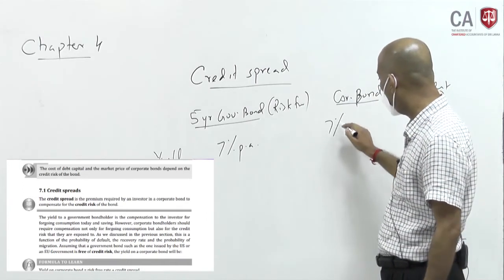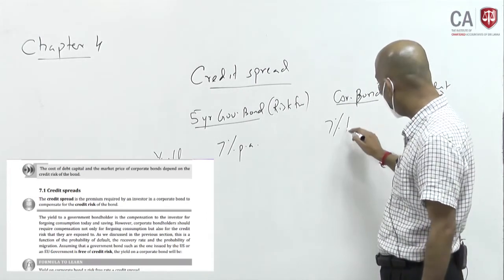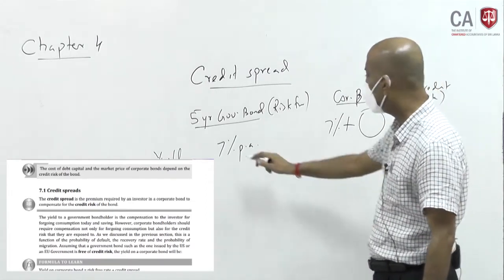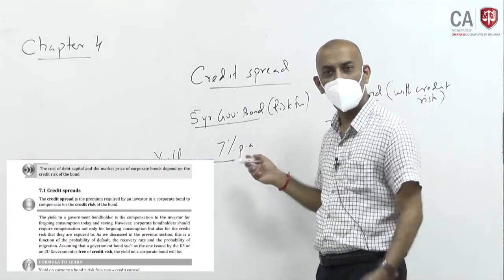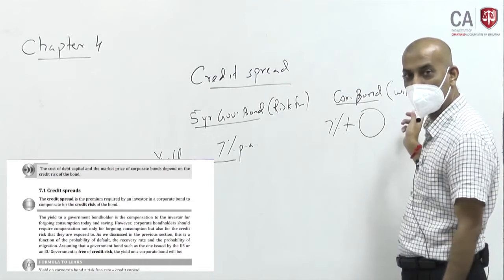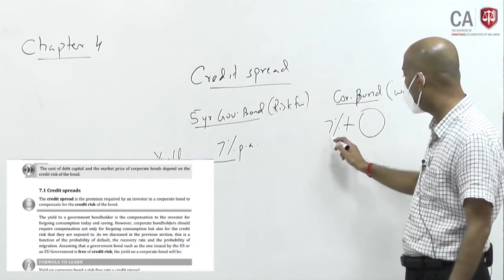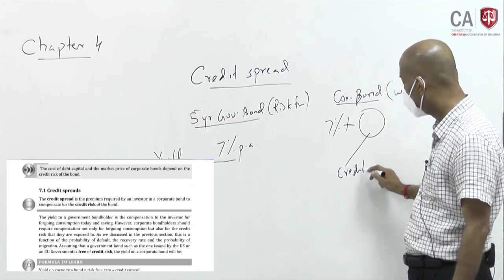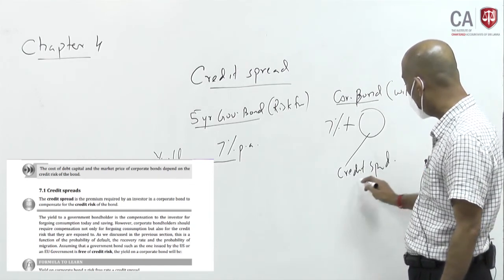Generally the investor will want 7% plus some excess amount. You are getting 7% in the government bond with no risk. So for a corporate bond with credit risk, obviously you want 7% plus something. This is called credit spread, in other words, the premium.